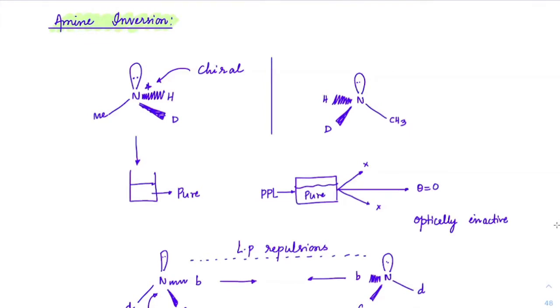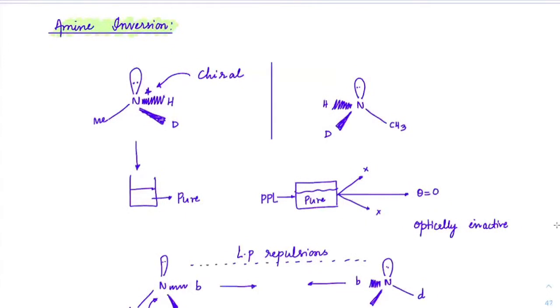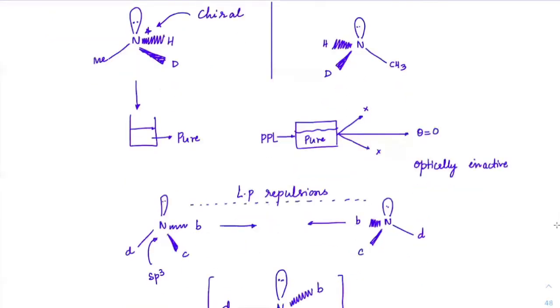See, amine inversion we have already discussed, right? If you have taken any amine with a lone pair, because of their lone pair repulsions, they go through a transition state, and through the transition state it can again get back to this form or this form, and both will be in 50-50 percentage.